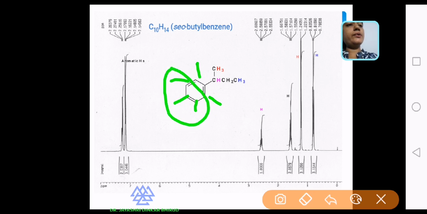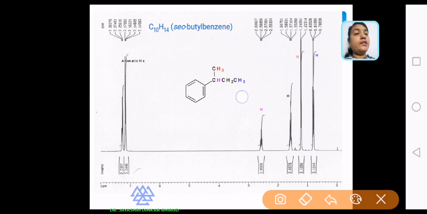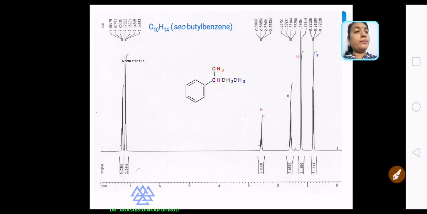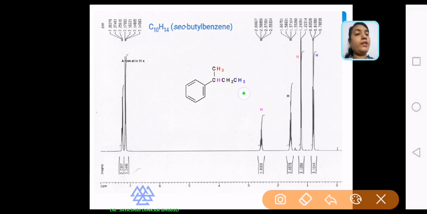So these 3 hydrogen atoms give one signal and these 2 hydrogen atoms give another signal. So 2 signals from the aromatic ring, third signal from the CH3, another signal from the other CH3. So 4 signals, fifth signal for the CH2 and sixth signal for the CH.